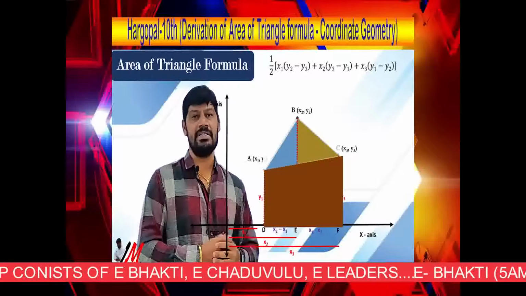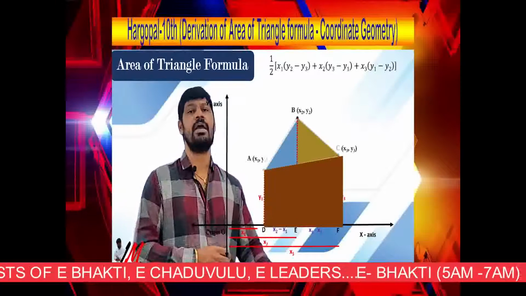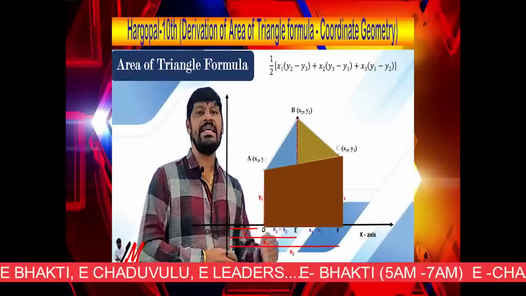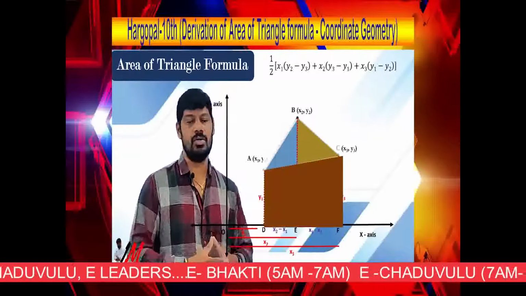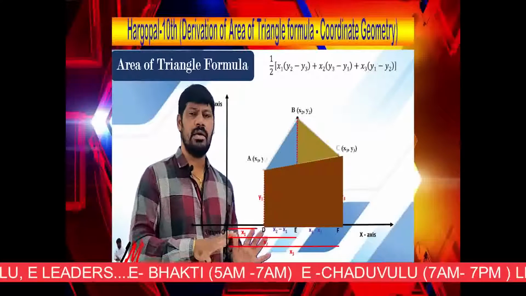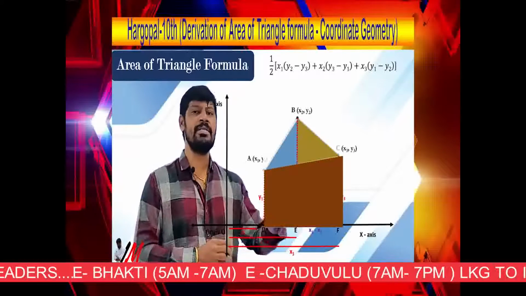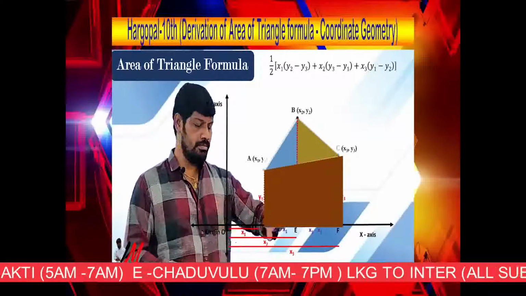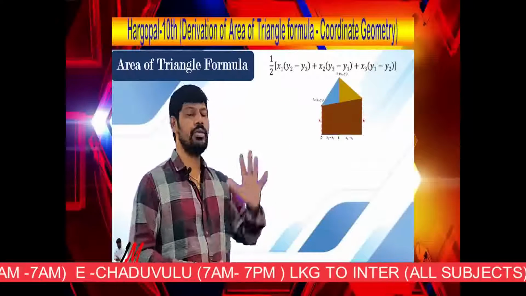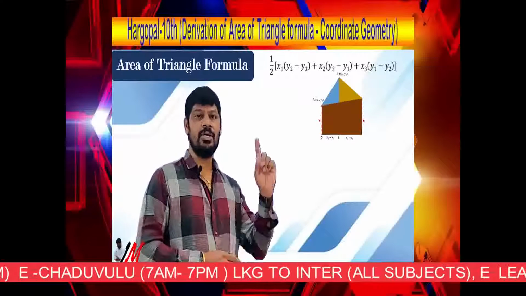From these two trapeziums, if you subtract the area of trapezium ADFC, you are going to get ABC. So I think it's very clear how you get the area of ABC from this particular figure. Now let me minimize this figure I'm showing here.